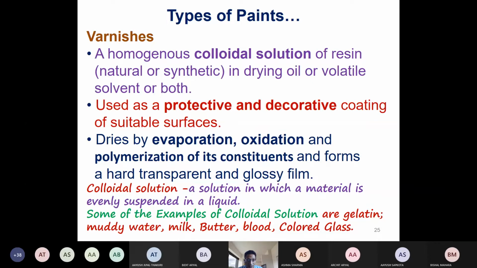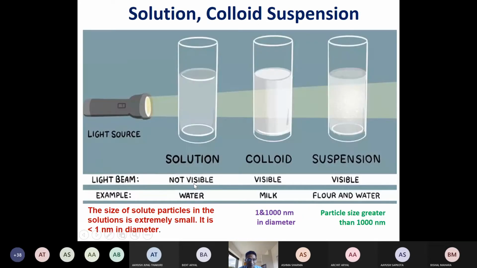Varnish is used as protective and decorative coating of suitable surfaces, and dries by evaporation, oxidation, and polymerization of its constituents, and forms a hard, transparent, and glossy film. In a solution, when light passes, the components are not visible, and the size of solid particles is very small, less than 1 nanometer in diameter.